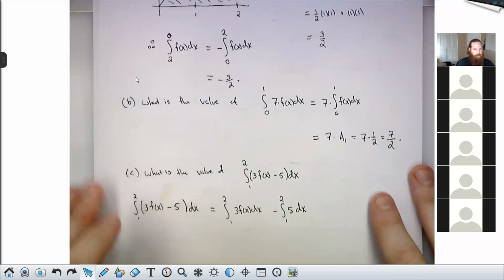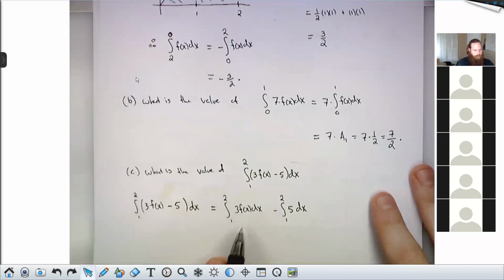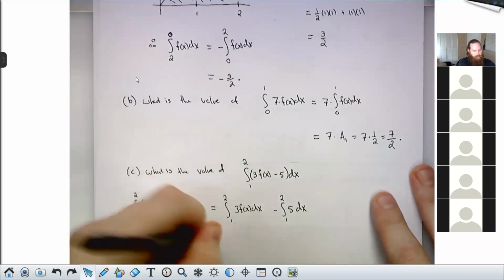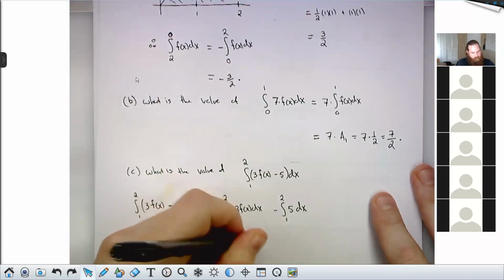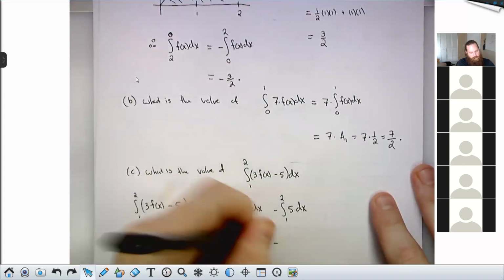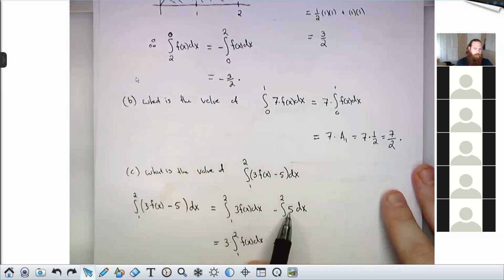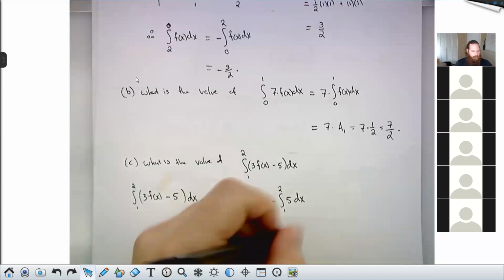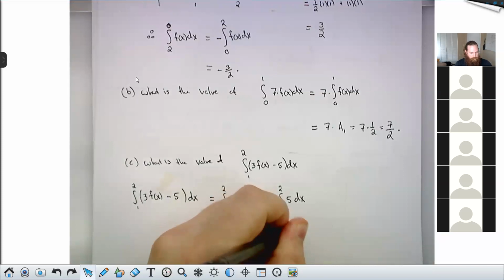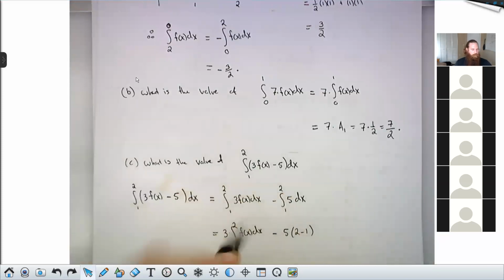Now that first piece, I can pop out the 3. So this is 3 times the integral from 1 to 2 of f of x dx minus, what is the integral from 1 to 2 of the constant function 5? 5. Good. This is 5 times 2 minus 1. In other words, 5 is a constant function, right?